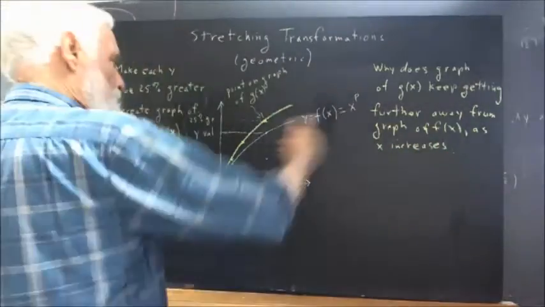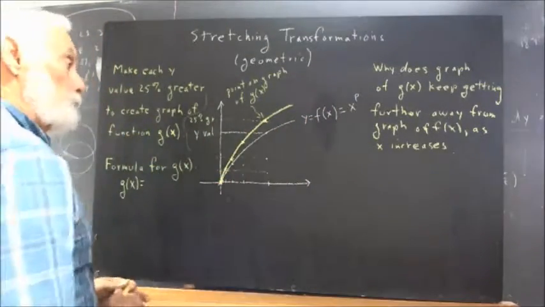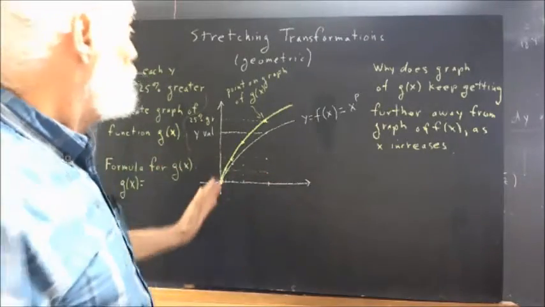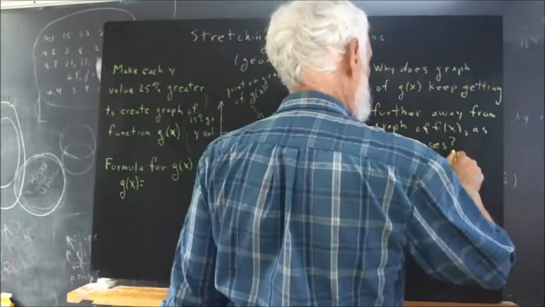Because of course, if you think the graph starts out here and moves this way, the graph is getting closer, right? So for increasing x, why does the graph of g of x keep getting further and further away from the graph of f of x?